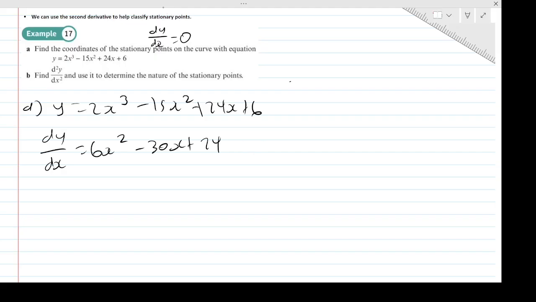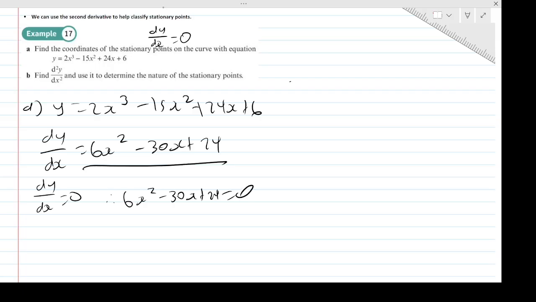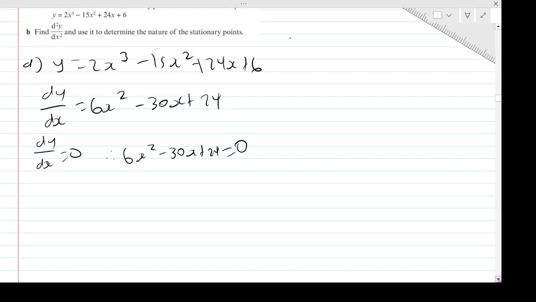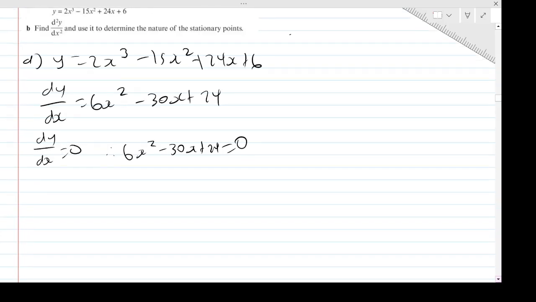Then we need to set it to 0. So dy/dx equals 0 for it to be a stationary point. Therefore, 6x squared, take away 30x, add 24 equals 0. This is just a quadratic to solve. I could divide everything by 6 to make it nicer, so x squared take away 5x add 4 equals 0.